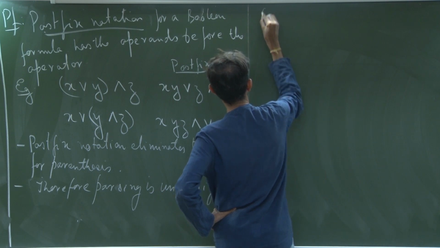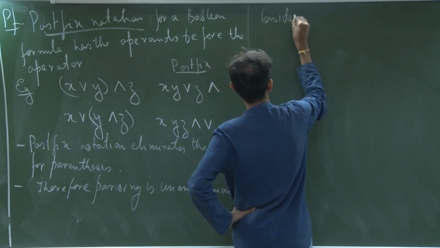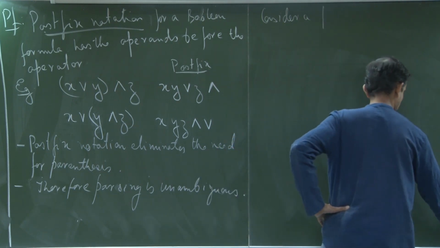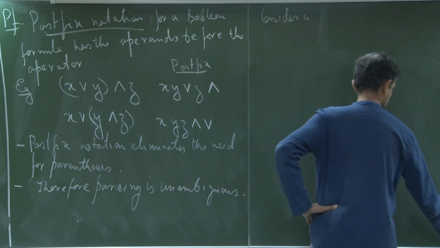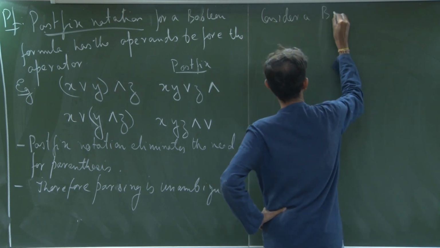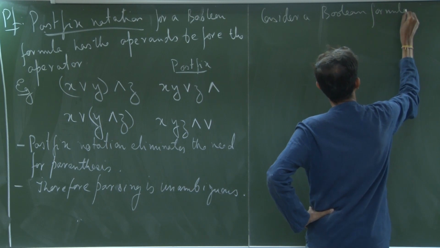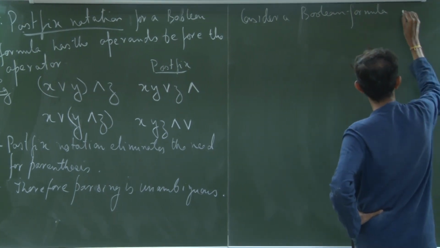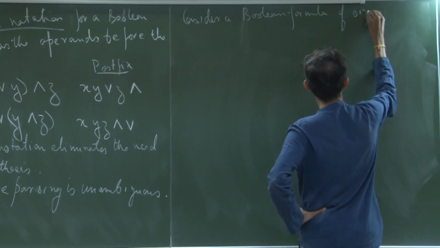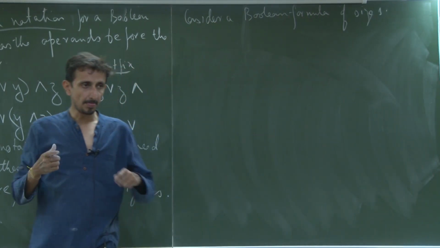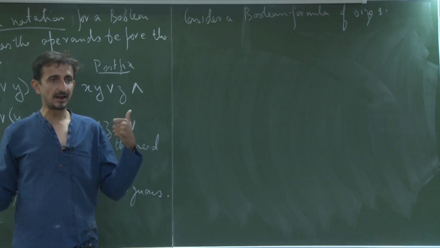So, consider a Boolean formula of size S. Okay. Now, how many ways can I write this string?